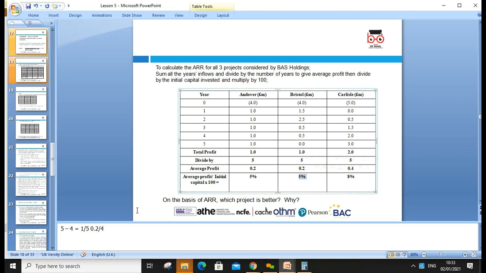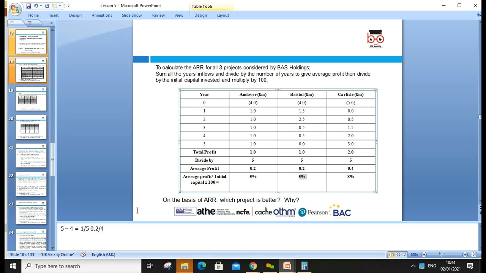So what do you think in A and B, which one will go? Leave C. If you have two option projects A and B, which one will you go for? Both require 4 million investment, both give the same percentage of return. Which one will you go for? A or B? B. Okay, good. Yes, you're right, because we'll go for B, because in B you're getting the quicker return.